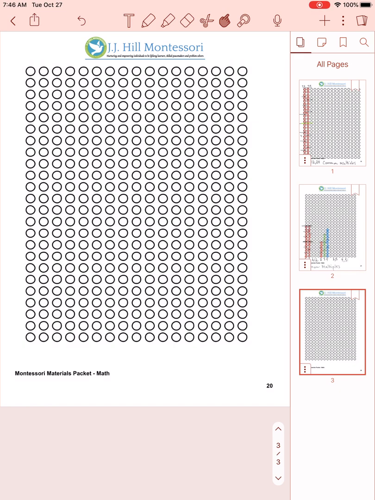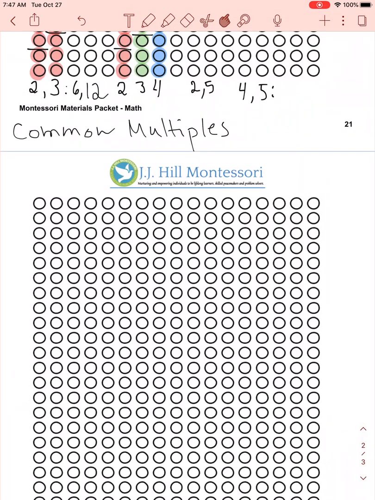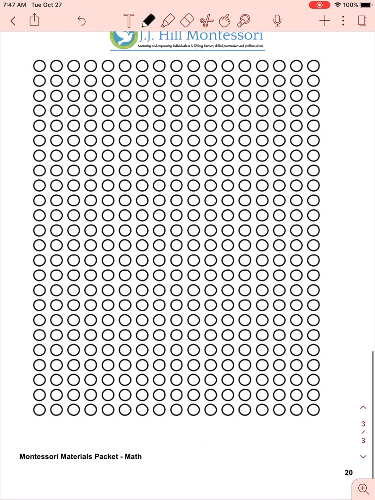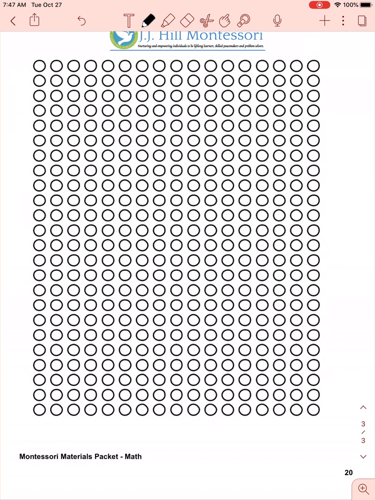The lowest common multiple is basically identifying what is the lowest number those two numbers have in common. So let's take numbers like 4 and 5.